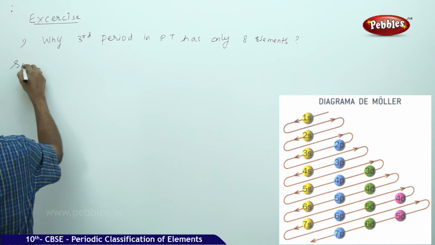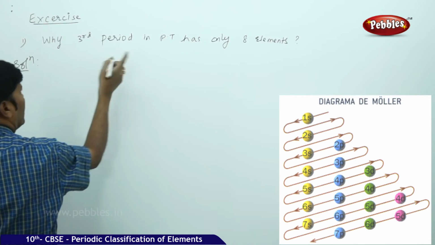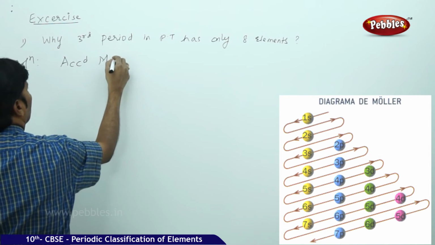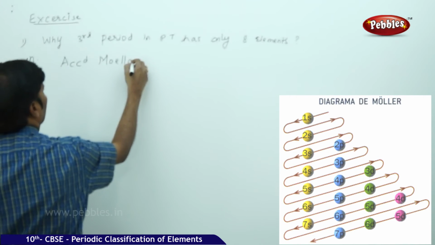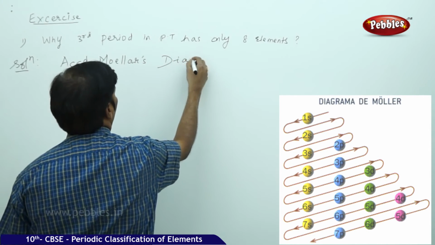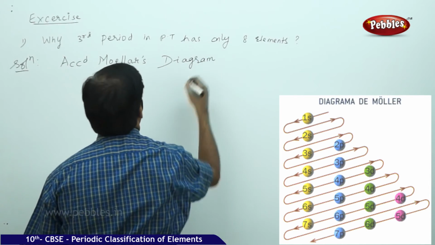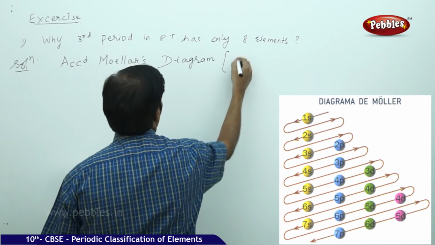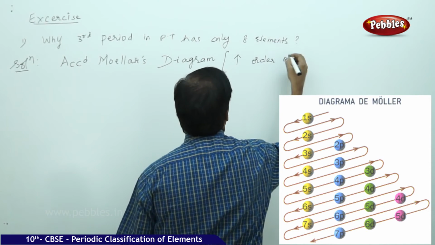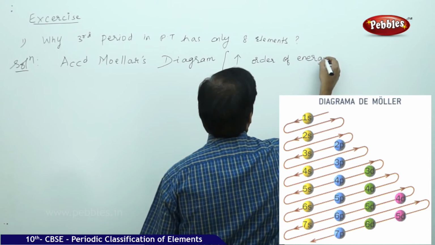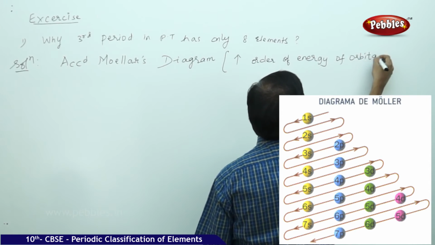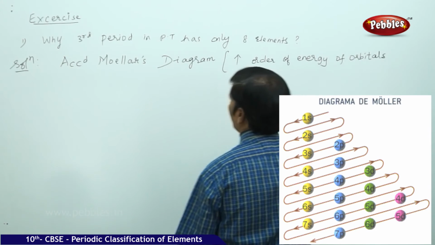The solution for this question is that you can answer it according to Mueller's diagram, based on increasing order of energy of orbitals.